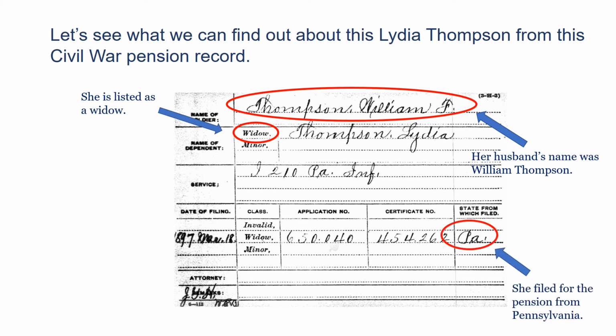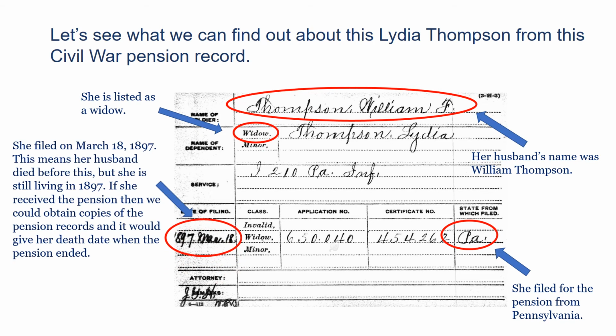She filed for a pension from Pennsylvania. She filed on March 18, 1897. This means her husband died before this, but she is still living in 1897. If she received the pension, then we could obtain copies of the pension records, and it would give her death date when the pension ended.